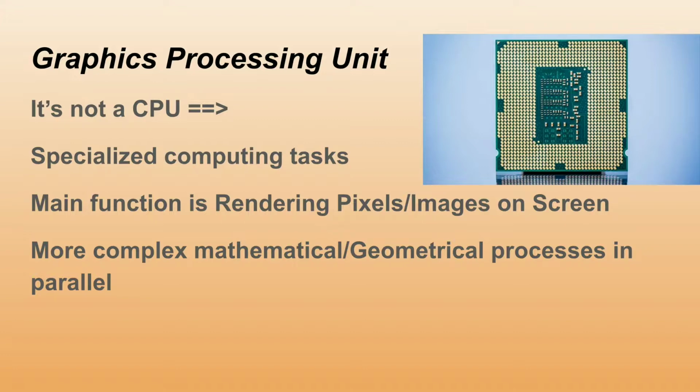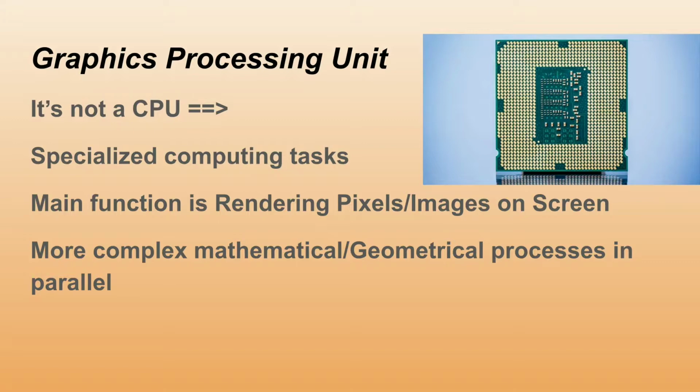For this process, each and every pixel on your screen has to be updated 30 times in a second. For example, if you are playing a game, the game landscape has to be updated on your screen at 30 to 60 frames per second so that you can achieve smooth gaming.